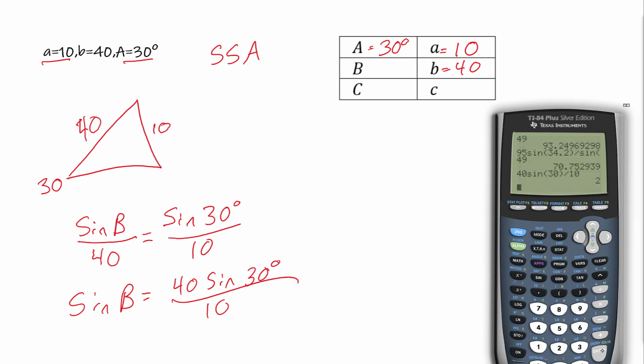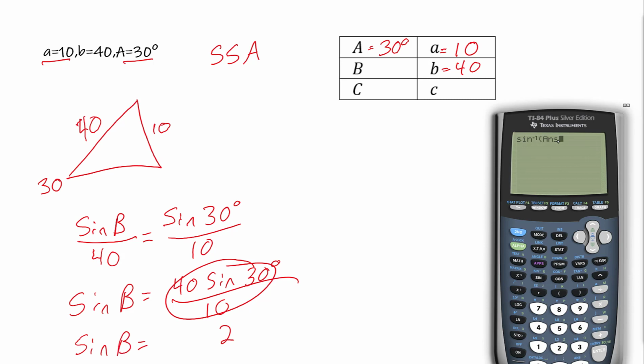I get 2. And then we inverse sine that previous answer and we get a domain error. What happened there? Well, we know that sine only gives back values between -1 and 1. If you get an error like this, that means there is no possible triangle.